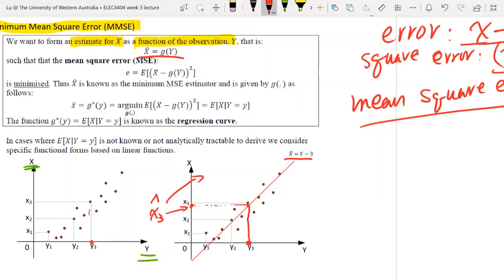This x3 estimation is equal to y3 minus 3. This comes from our function, where we put y equal to y3 into this estimator. By doing it this way, we don't make any comparisons. We just use one single function, put our observation as the parameter inside, and then produce the function value. That value is our estimation from this minimum mean square error estimator.